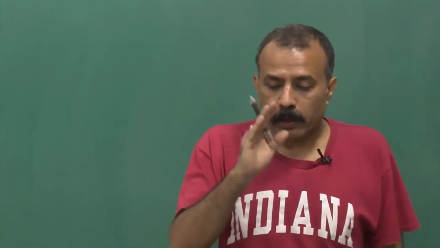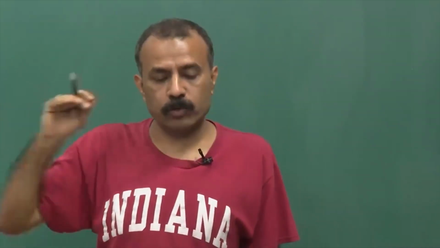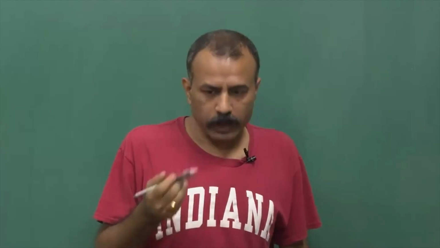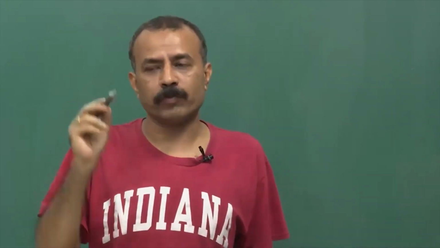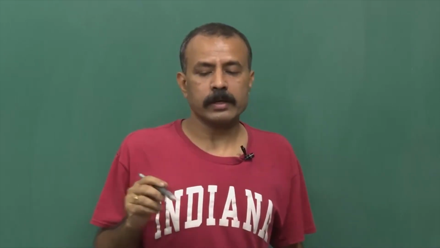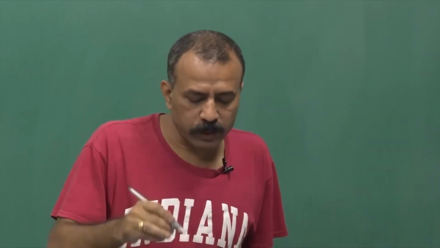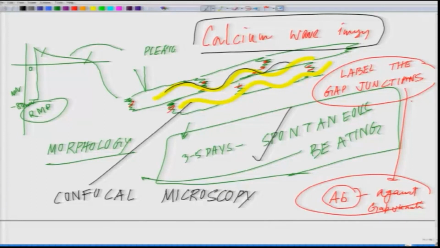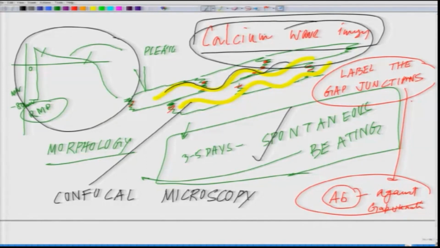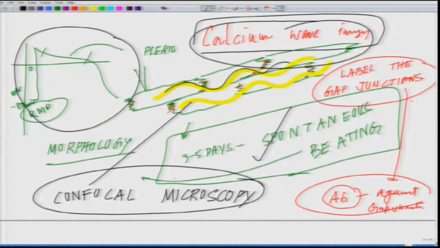So, there is a calcium wave which has to be measured. If we look into it, you have to have the morphology right, you should be able to label the gap junctions right, you should be able to see the spontaneous beatings right, you should be able to measure the action potential using patch clamp electrophysiology, and you should have the calcium imaging done using confocal fluorescence microscopy.